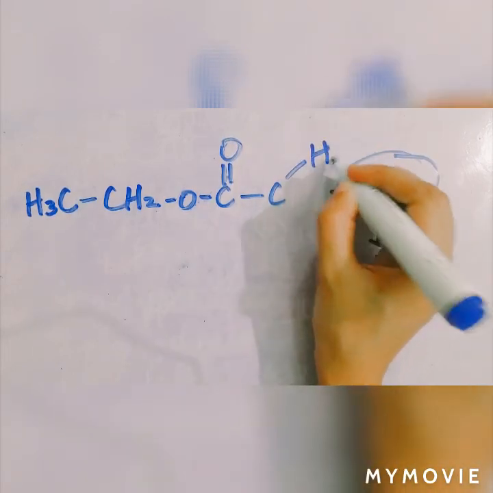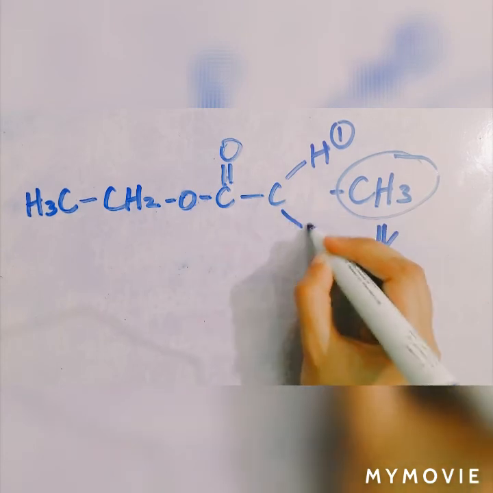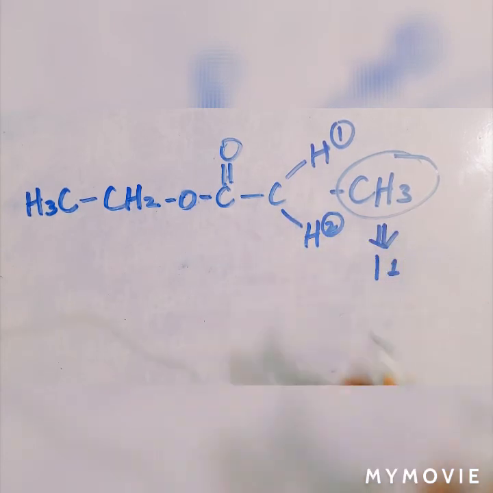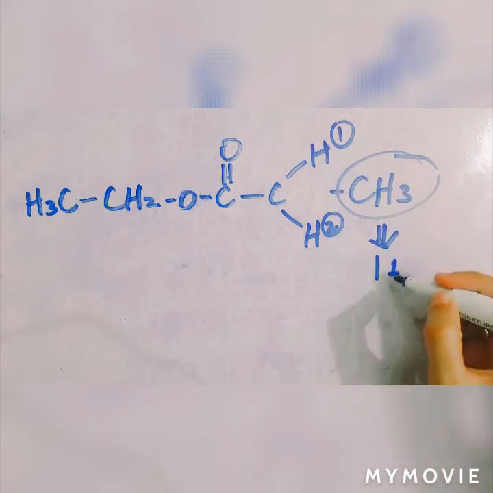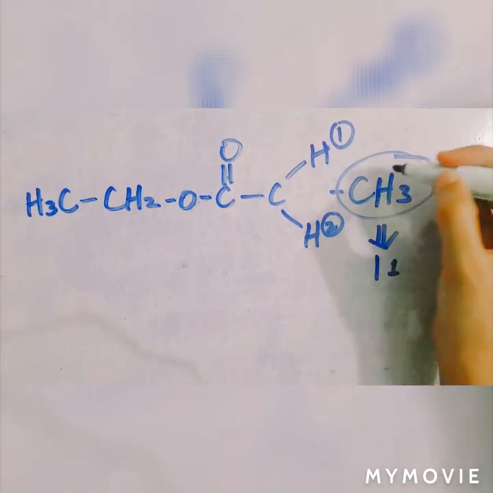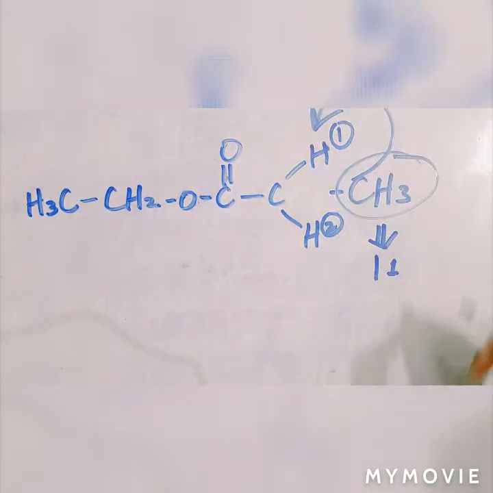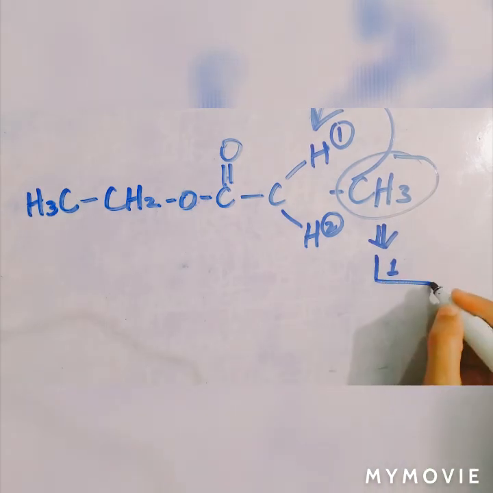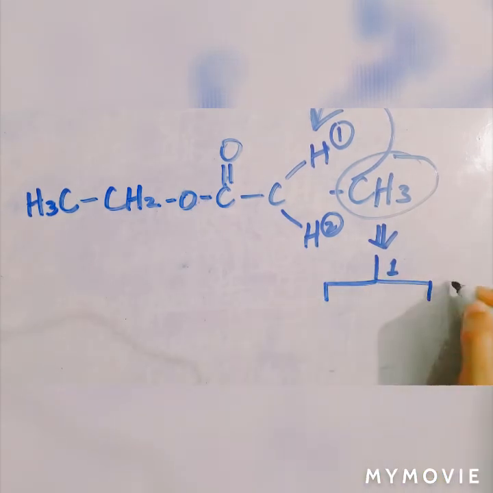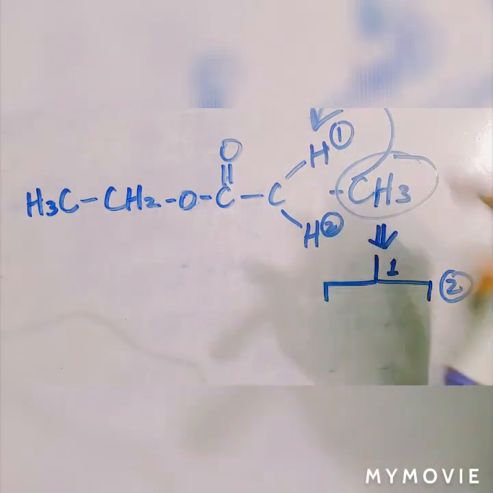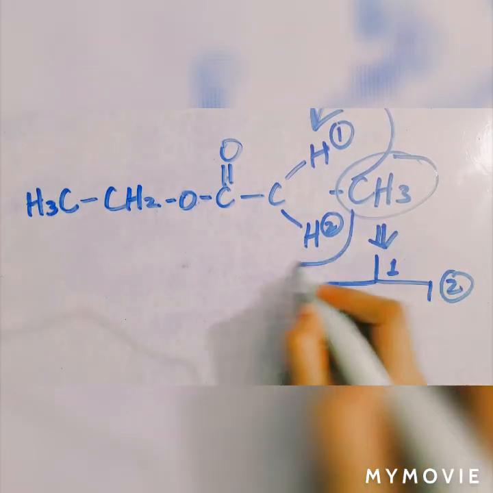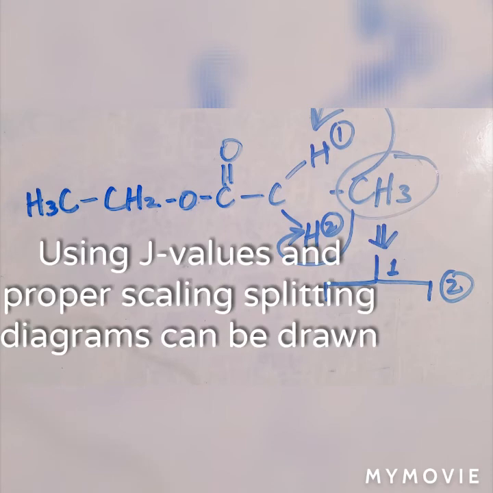It has 2 neighboring protons, 1 and 2. The first signal is of itself. The second signal is with this proton. And the third signal is with the second proton of CH2, like this.